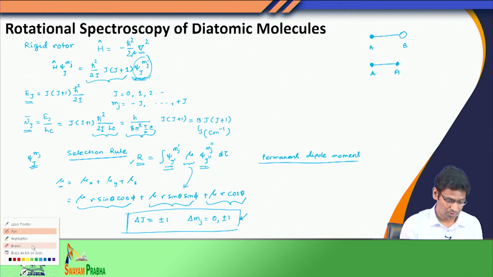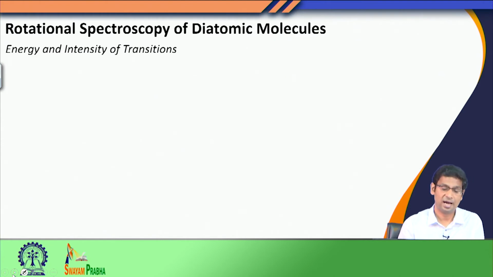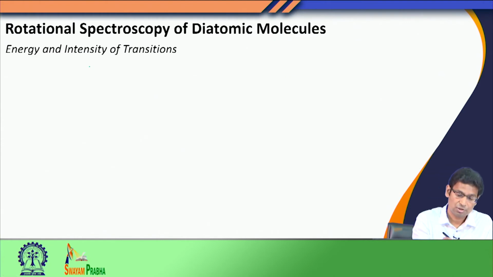Now, since we have discussed the selection rule, let us go ahead and look at the energy and the intensity of the transitions. We saw that nu bar j, the wave number corresponding to j level, is given as b j into j plus 1.